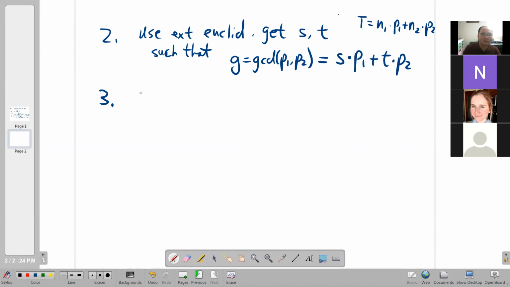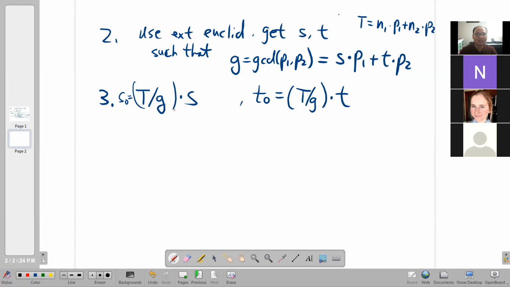Step 3, if you then take T divided by G, because we know that it's divisible, otherwise you would not have come to this stage, you would have said no solutions already, times S and call it S0, then T0 is T over G times T. Then S0 times P1 plus T0 times P2 is what? Well, you just substitute.